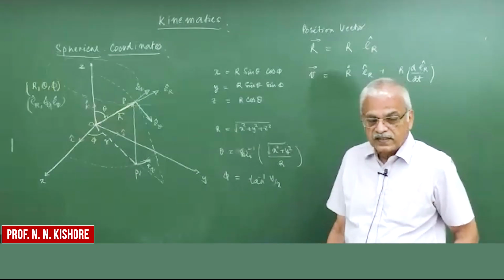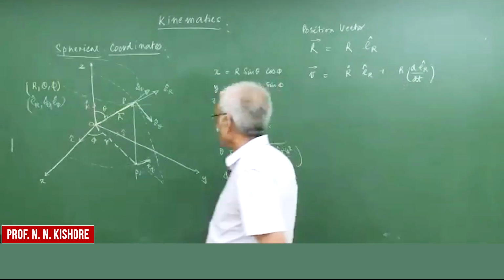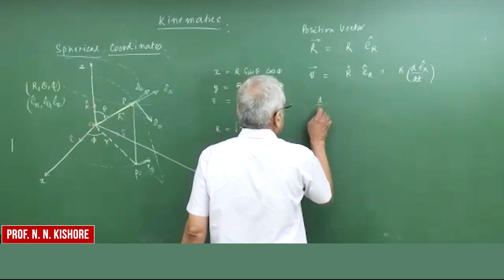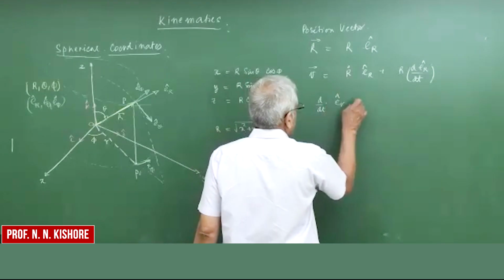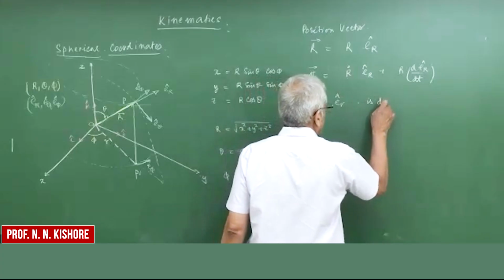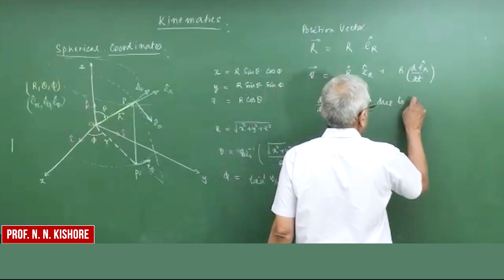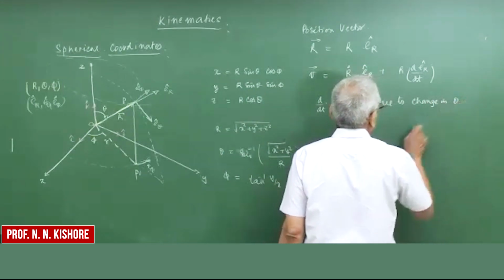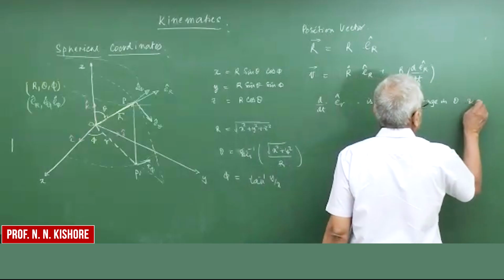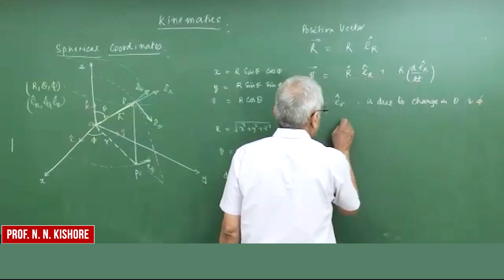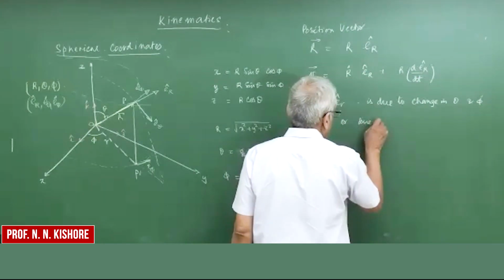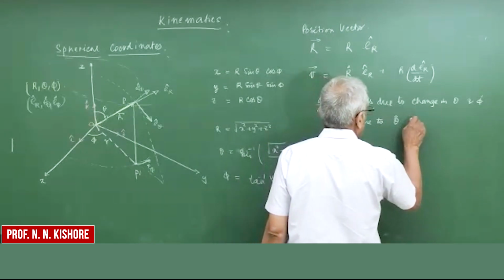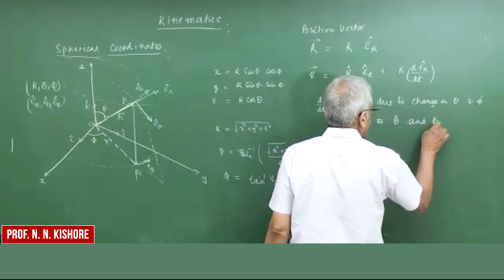So what is its direction? Can you tell me what is, for example, theta dot? d/dt of e_r is due to the change in theta and phi, or we can say due to theta dot and phi dot, so it's affected by both.